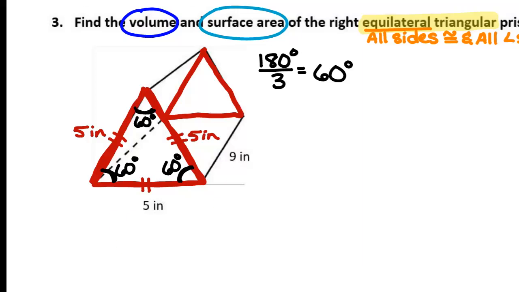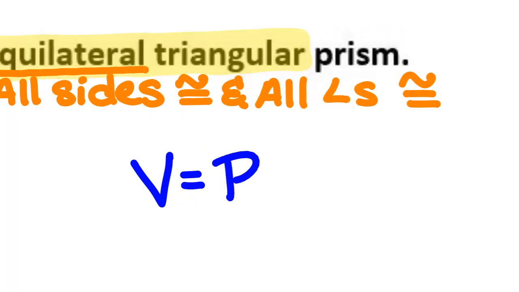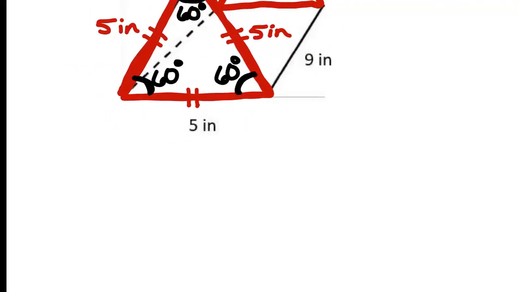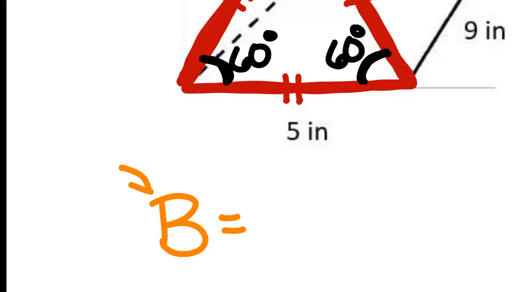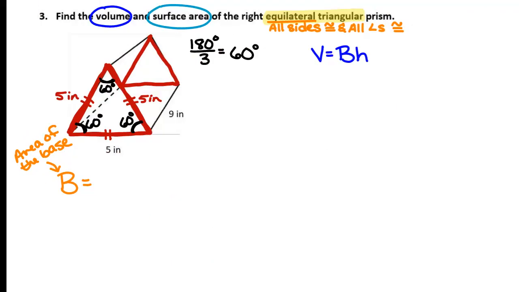All right. What's our volume formula for a prism again? Yep, area of the base times the height. So we need to find the area of this base. And what's the shape of the base again?